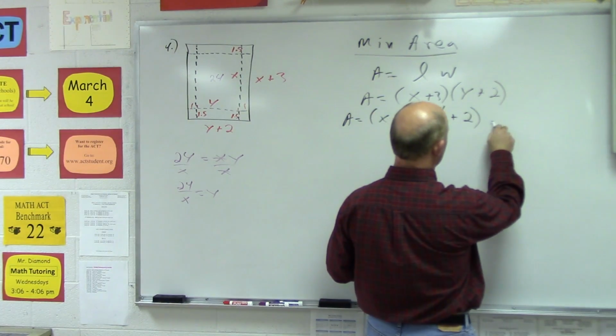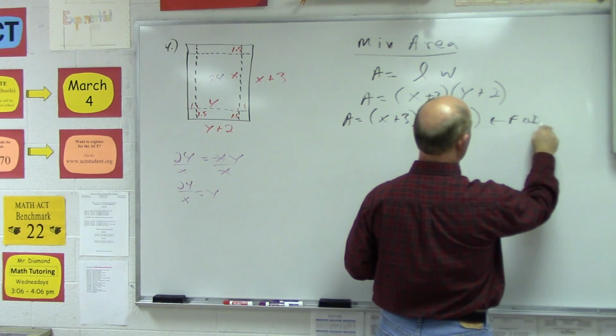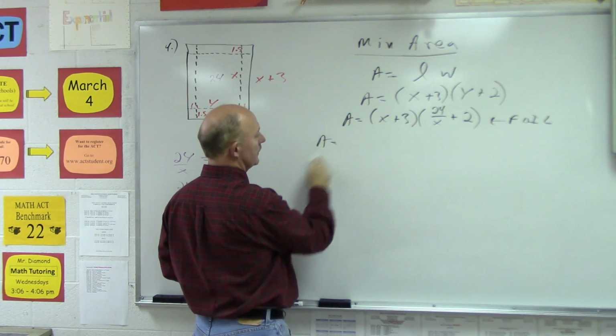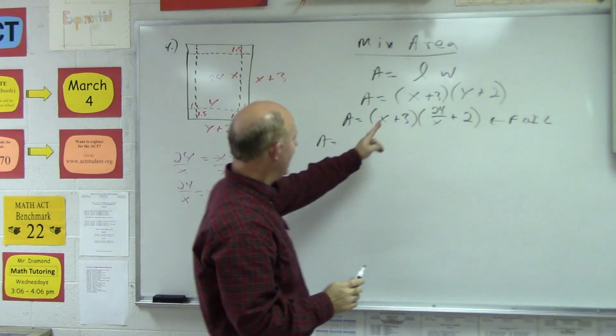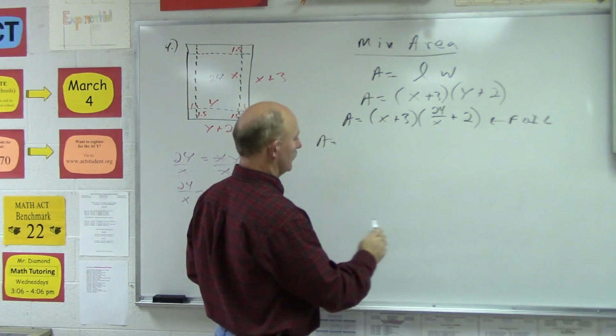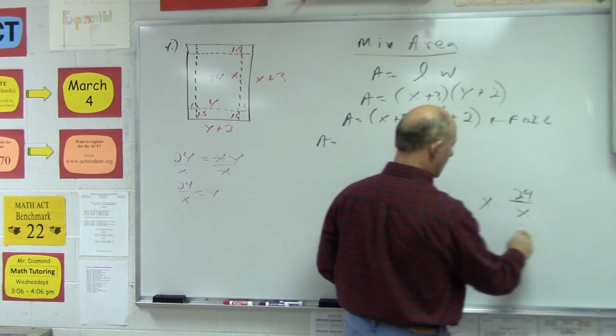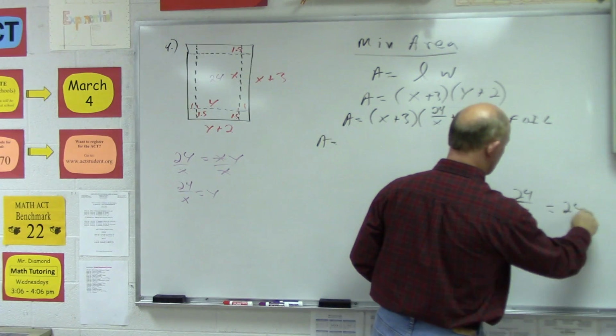Now to multiply these, we're just going to use FOIL. You've got to use the FOIL method to multiply these. So our area becomes, let's see now, x times 24 over x. Now remember, as you multiply x times 24 over x, the x's cancel out, and it gives you just 24.